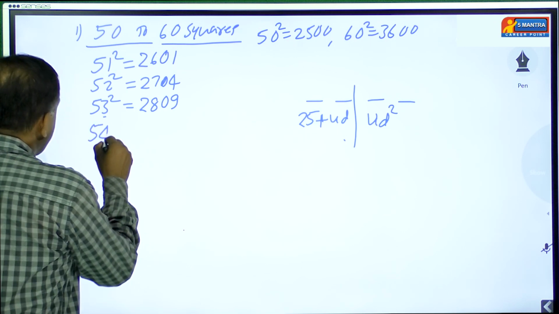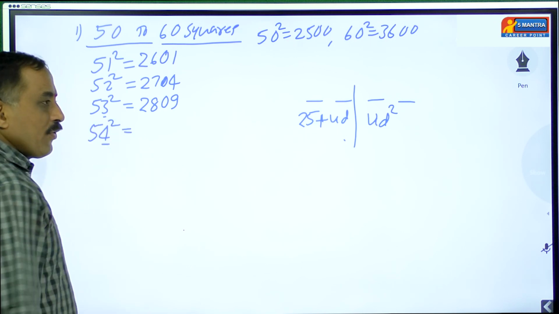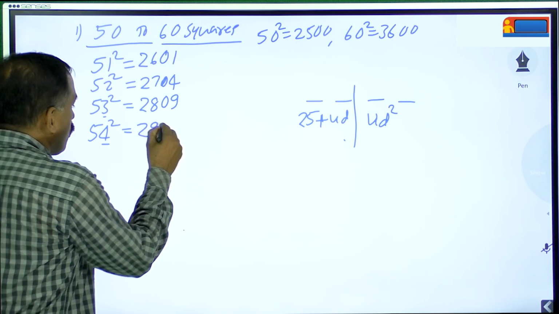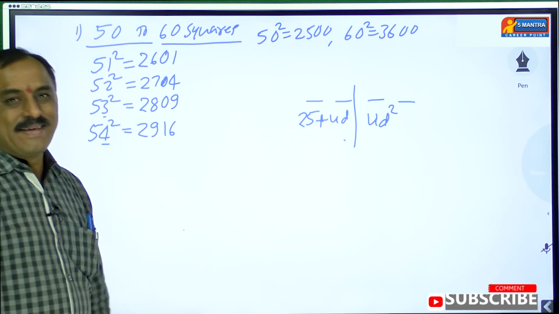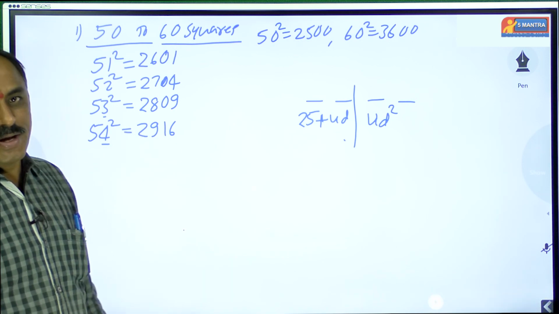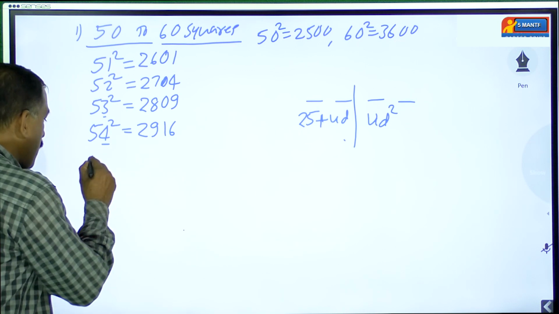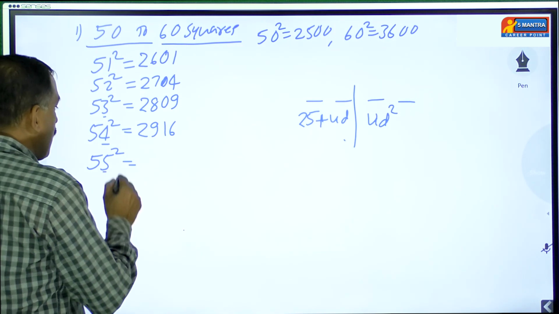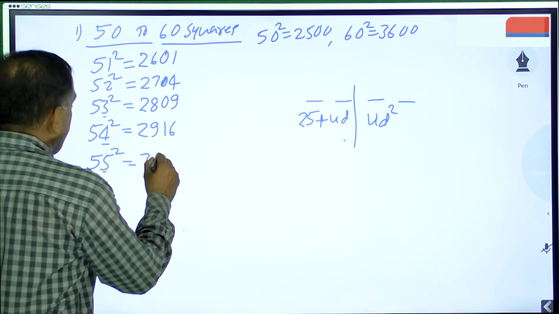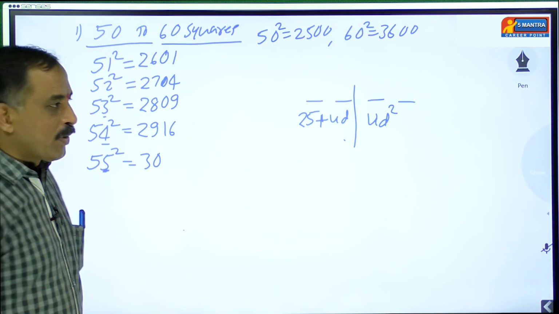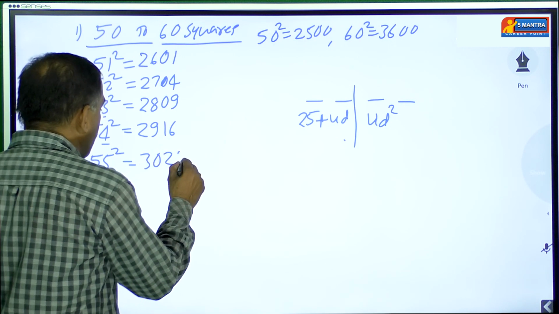54 square: 25 plus 4 is 29 and 4 square is 16. Therefore, 54 square is 2916. What is 55 square? 25 plus 5 is 30 and 5 square is 25.